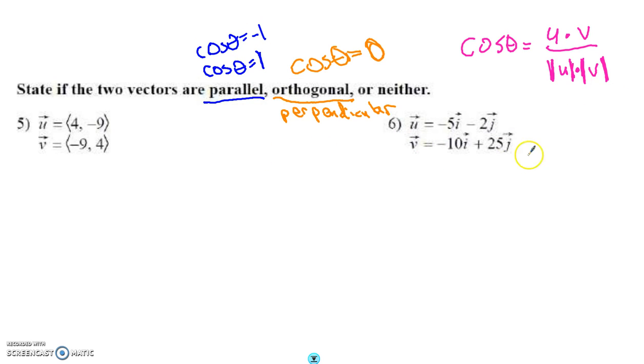So let's do number 5. Okay. I have a feeling that these are going to be orthogonal. So let's see. This is going to be the dot product. That's what we want to start with. U times V is going to equal, what is -4 times -9?